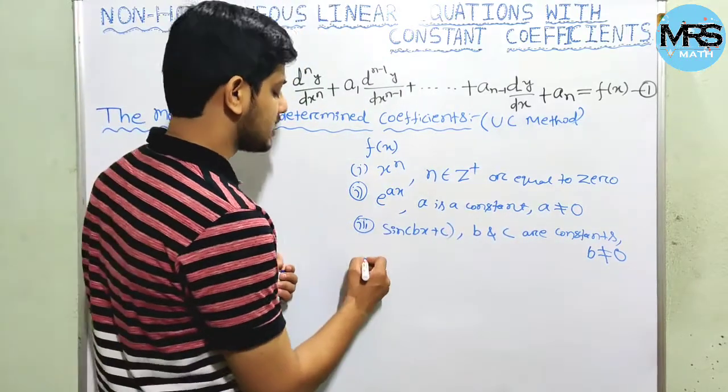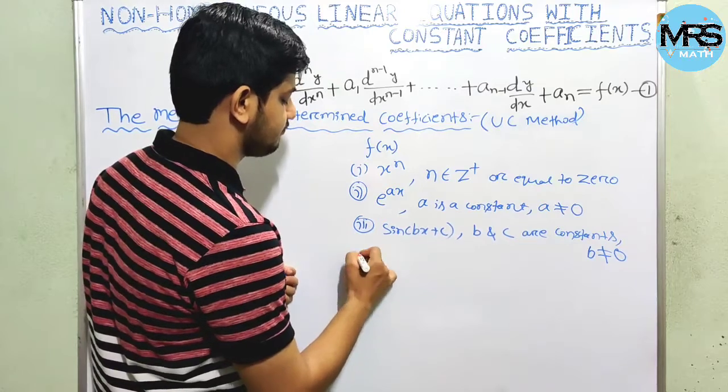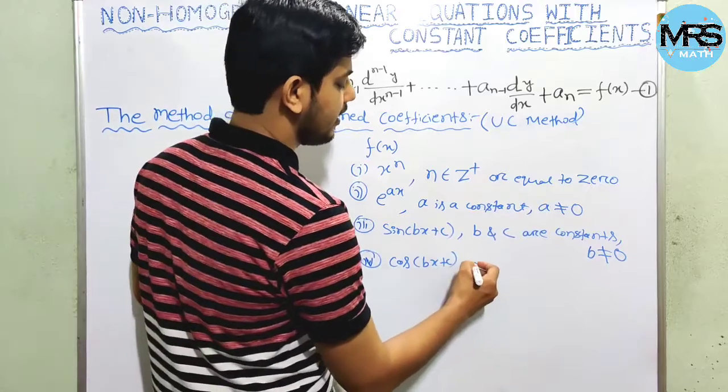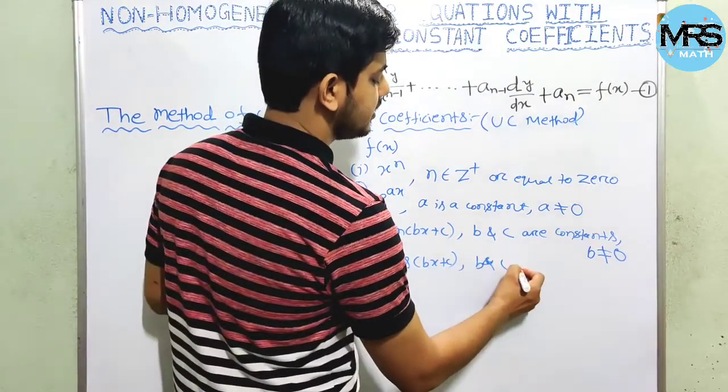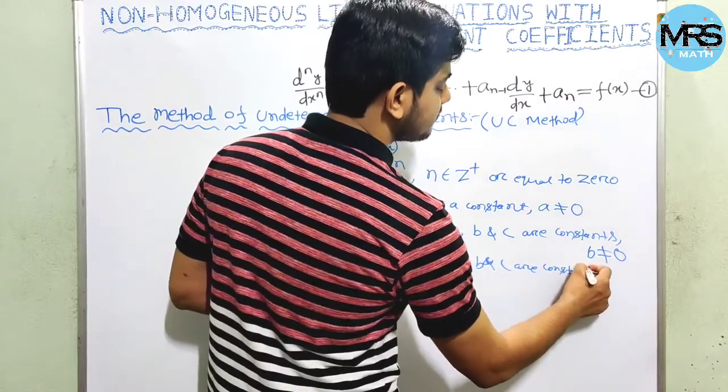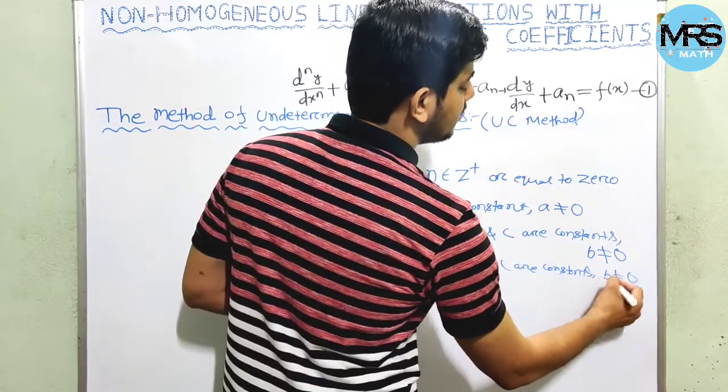And the last one is cos of bx plus c, where b and c are constants, b not equal to 0.